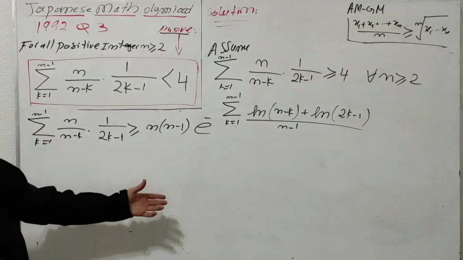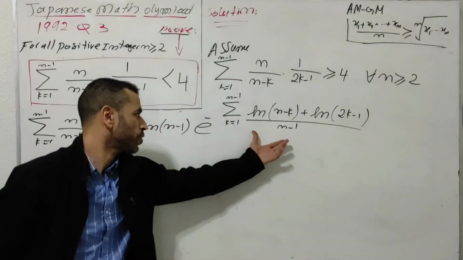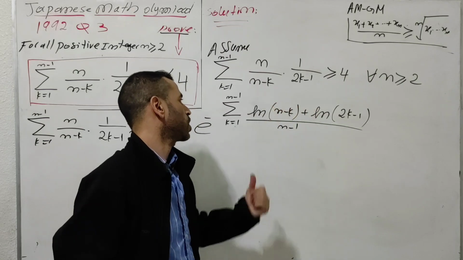So in the last board I was working on this inequality and came up with this result. I'm going to simplify this one. I'm going to take both natural logs into one natural log.